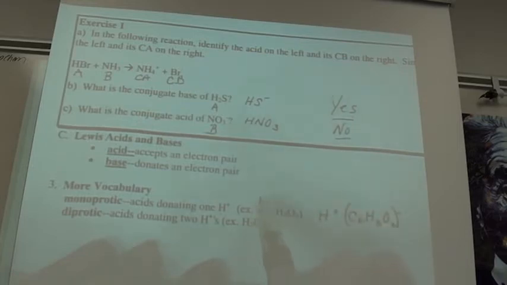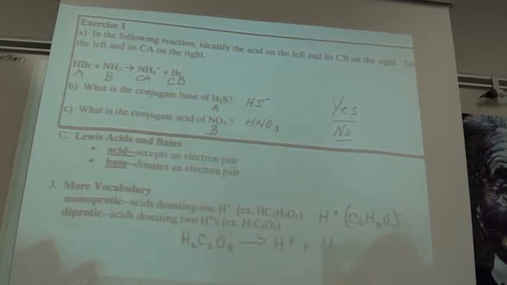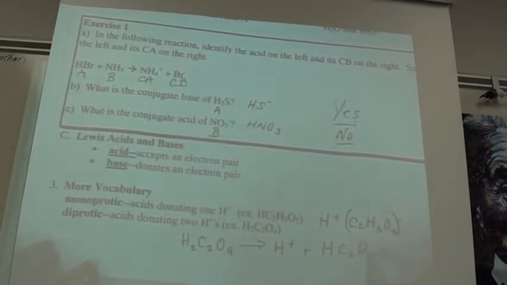The donatable proton is right here. A diprotic acid is an acid containing 2 hydrogen ions. This is oxalic acid. It will lose protons. It will donate protons one at a time. That is a really big deal.